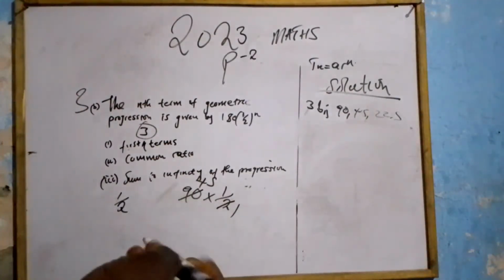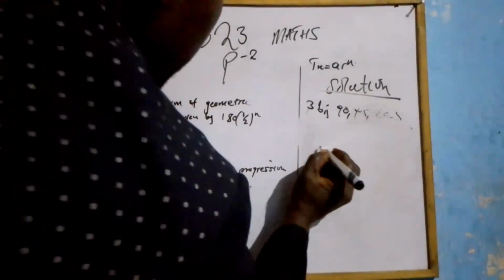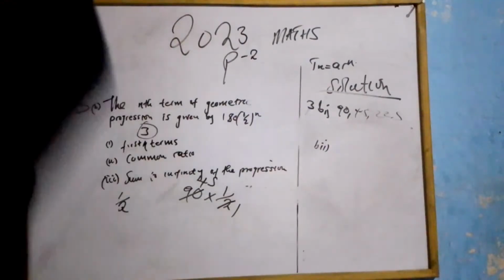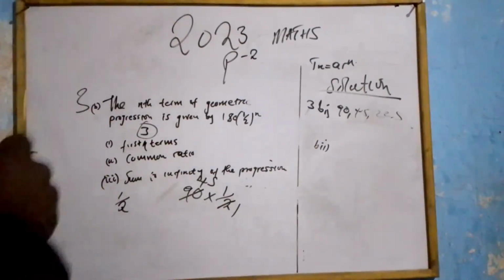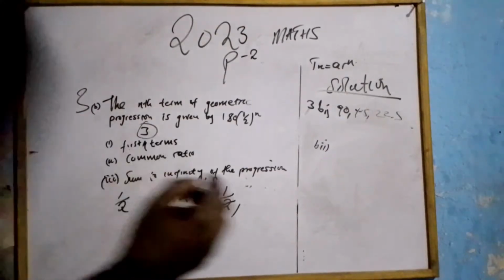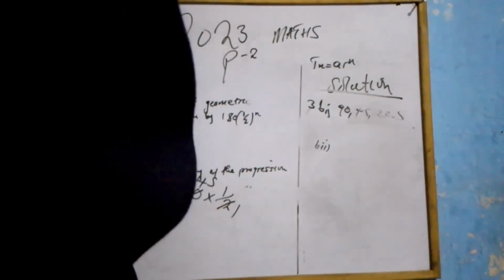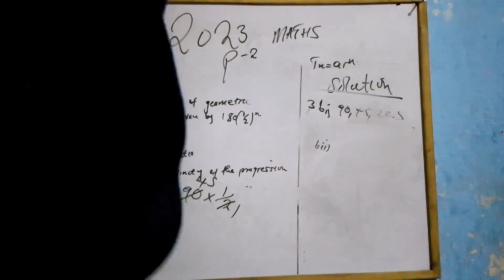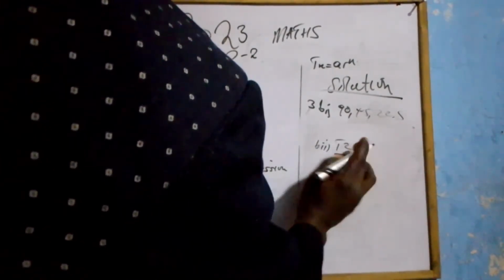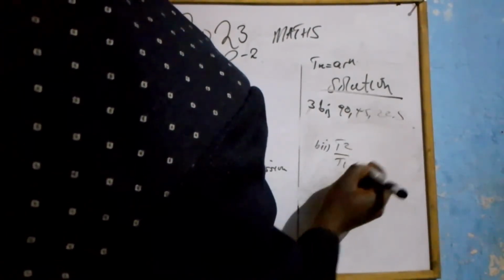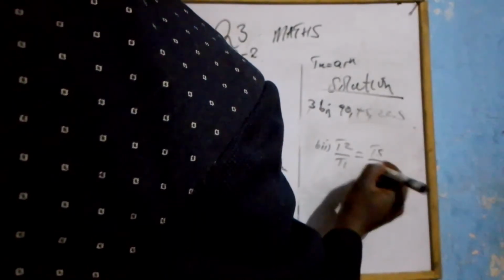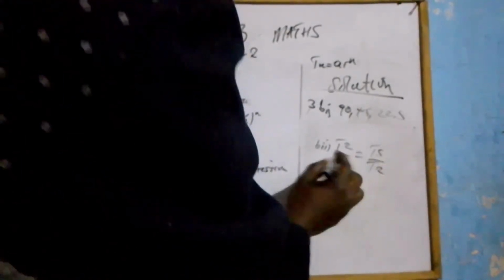So now let's move on to B Roman numeral 2. Like I said, make sure your numbering is clear. Now let's say we have to find the common ratio. How do we find the common ratio of a GP? We say T2/T1 equals T3/T2.